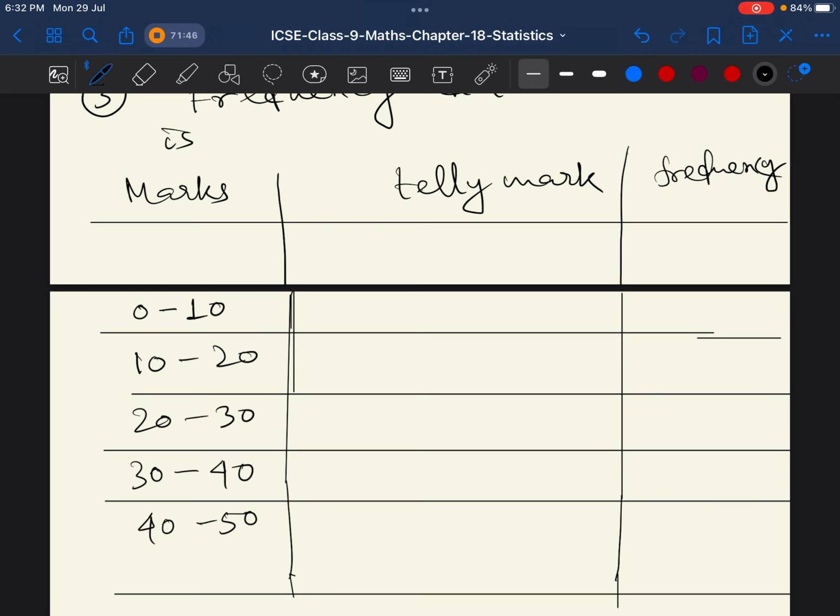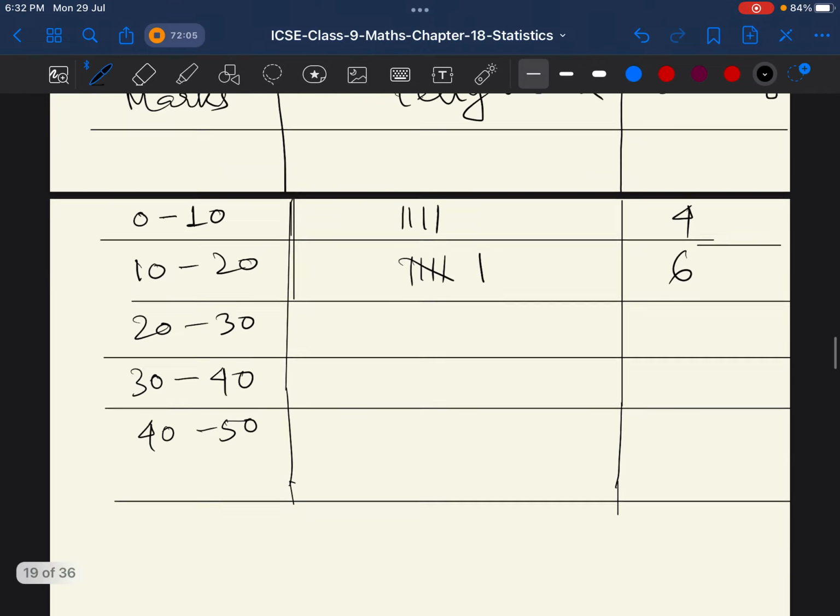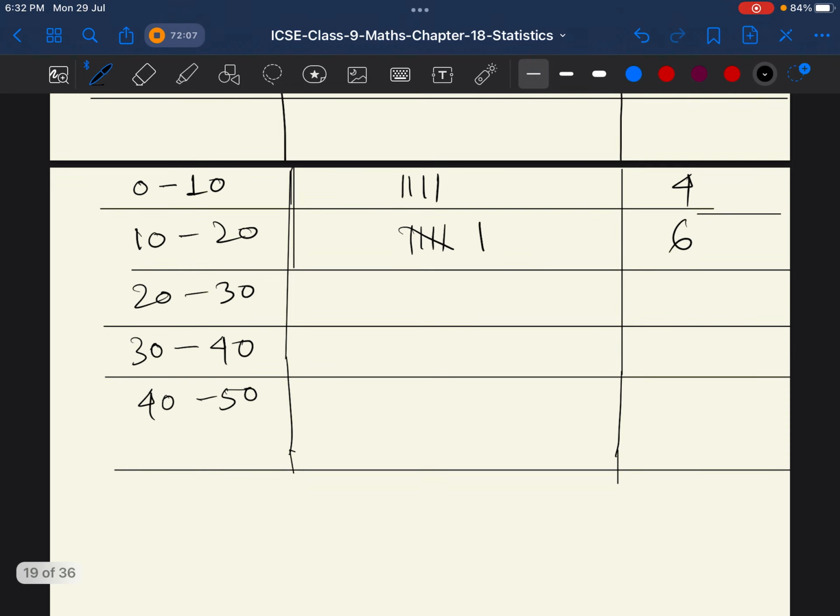This is the class interval. Then tally marks, you count here 0 to 10, 1 2 3 4, so frequency will be 4. 10 to 20, 1 2 3 4 5 6, frequency 6.